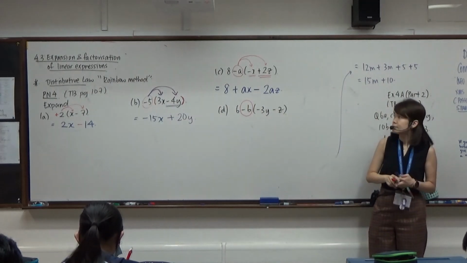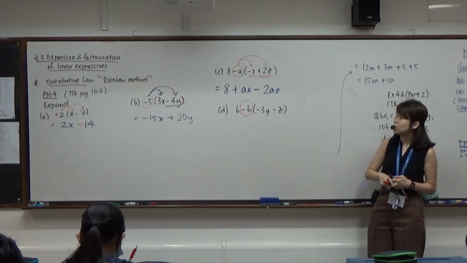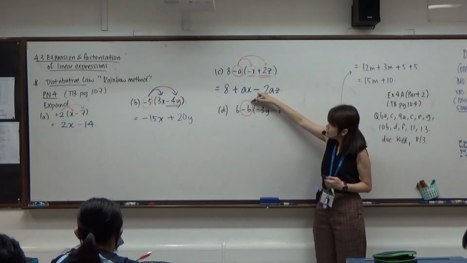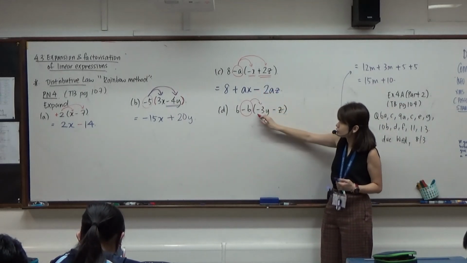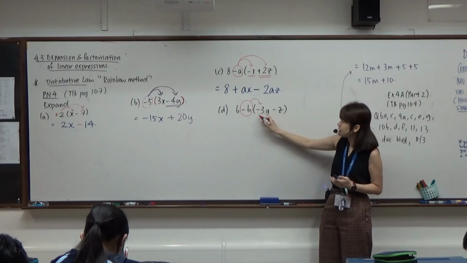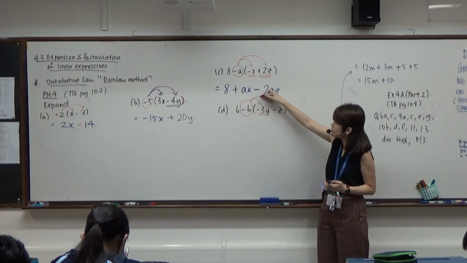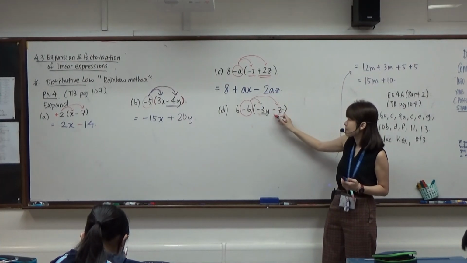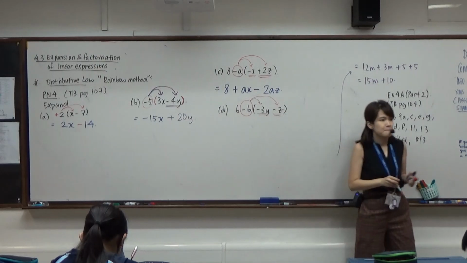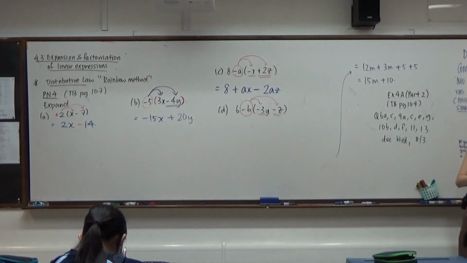And then we'll do our rainbow into my minus 3y and then also into my minus z.